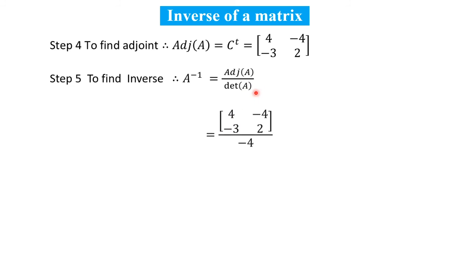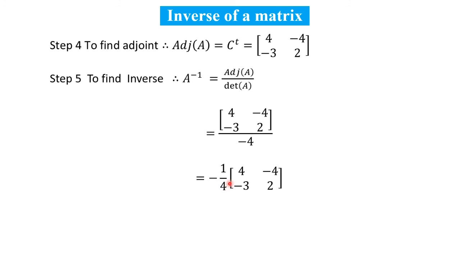So write here the adjoint 4, minus 4, minus 3, 2 and the determinant 4. We write it in this way: 1 by 4 into 4, minus 4, minus 3, 2.